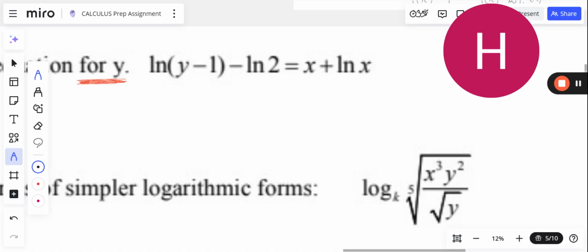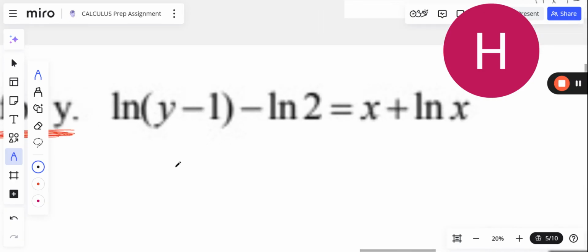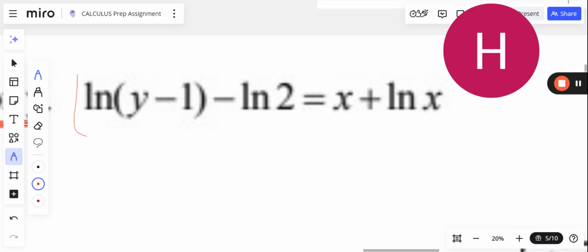That's okay. We'll be using properties of exponents and properties of logarithms, because after all, logarithms are just exponents. The technique we used in the previous problems is still going to carry on here. We want to get this logarithmic expression by itself, which is pretty easy to do if you just add the ln of 2, right?